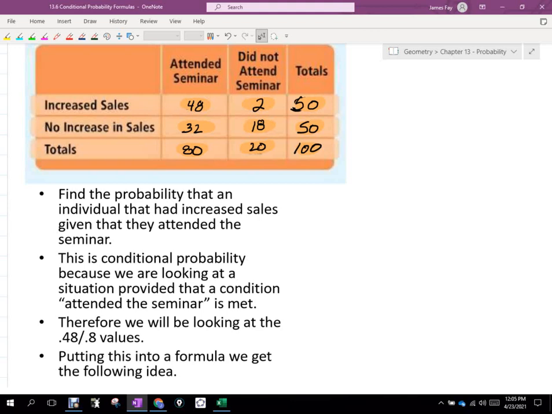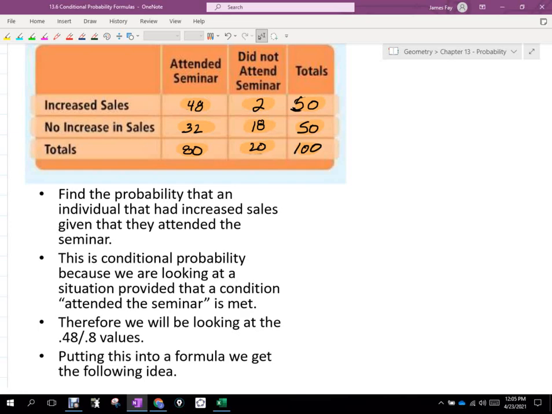So we structure our data this way, okay? We have two, we call them in statistics variables, okay? We have attendance as a variable, and we have sales as a variable. So you're going to have a data value for whether you attended the seminar and had increased sales.